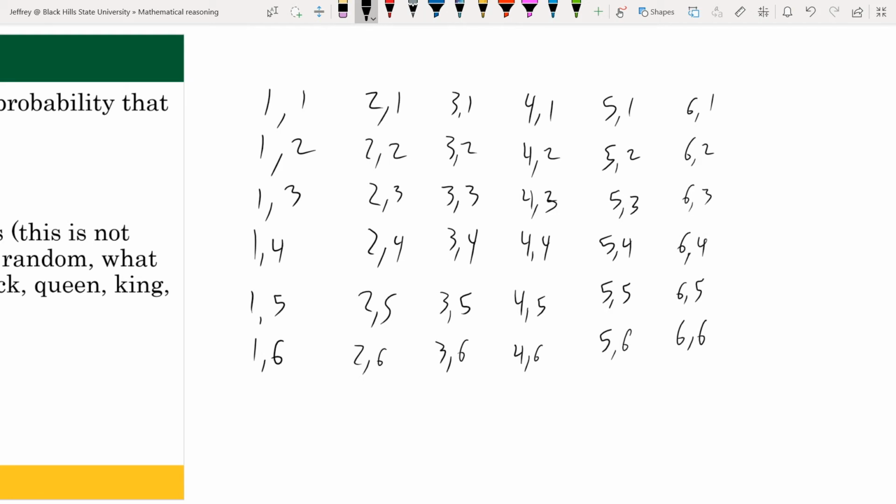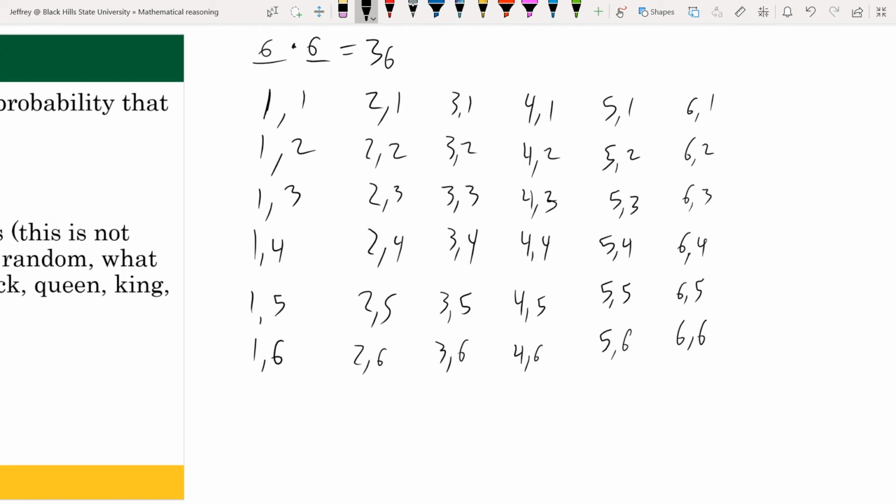If I picked 1 for the first die, there were 6 different ways that can occur, and there were 6 different numbers I could have picked for the first die. So there are 6 rows and 6 columns, and in total there are 36 possible outcomes.